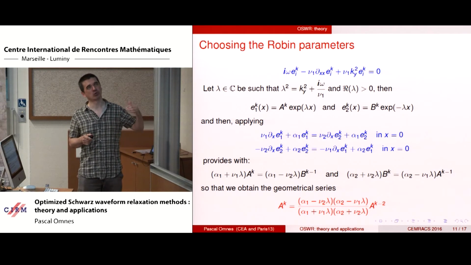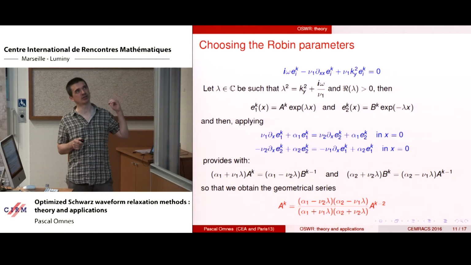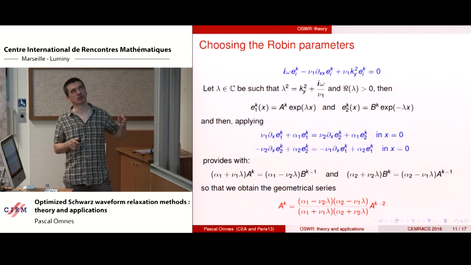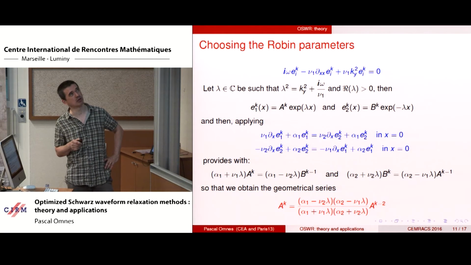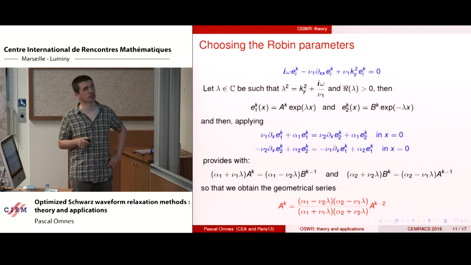You have one which decays at minus infinity, so that's the one we keep. And you have one that explodes at minus infinity, so we delete this one, and the reverse for omega 2. And so we have a simple expression of the error, which depends only on one parameter, and it's an exponential with lambda being the square root of this quantity.